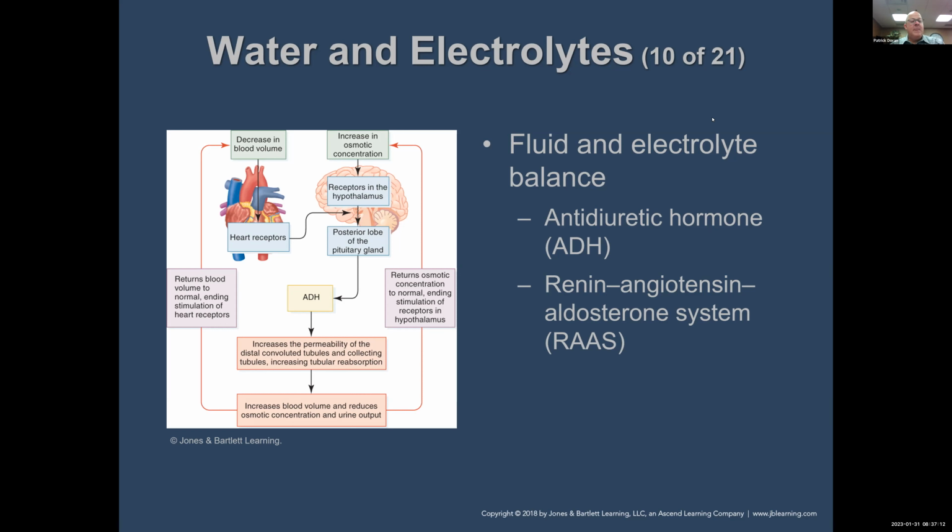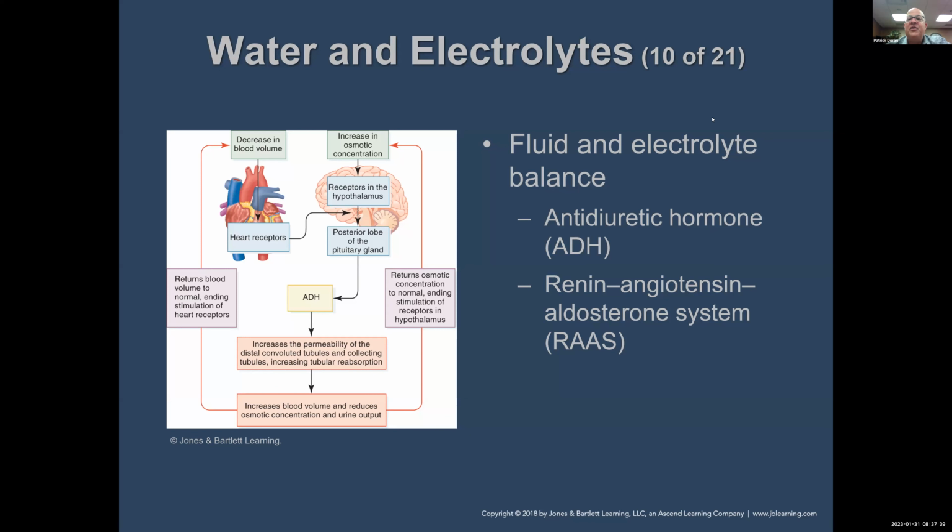And so the two things that are really important here are the ADH, right? The anti-diuretic hormone spit out from the pituitary gland, and then something called the RAS system, the renin-angiotensin-aldosterone system, which is the system of the kidneys.